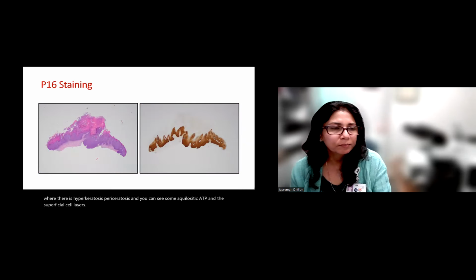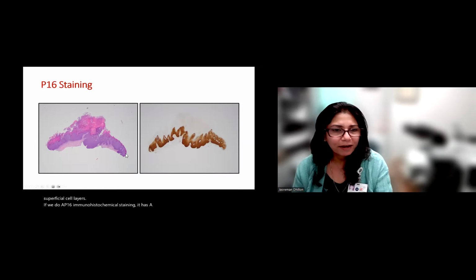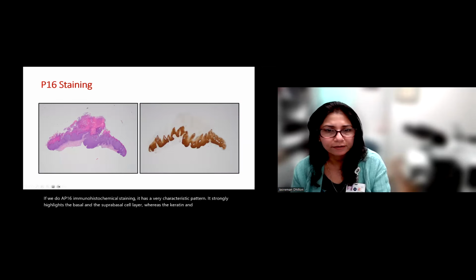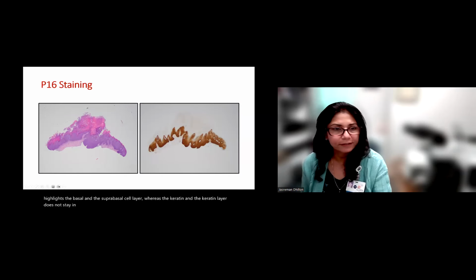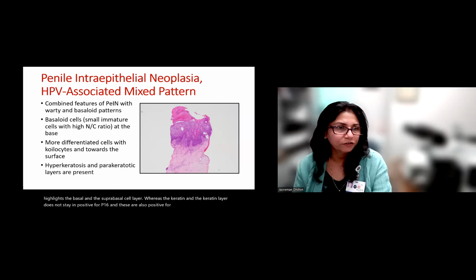If we do P16 immunohistochemical staining, it has a very characteristic pattern. It strongly highlights the basal and suprabasal cell layers, whereas the keratin layer does not stain positive for P16. And these are also positive for high-risk HPV ISH.